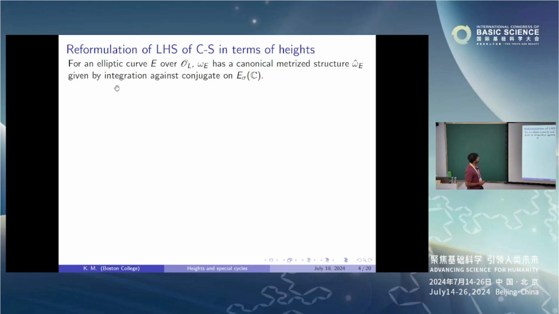So if you take an elliptic curve over the ring of integers, by which I mean an elliptic curve over the field L which has good reduction everywhere, then you can take its canonical bundle, which is just the bundle of one-forms on it. It's a rank 1 projective module over O_L.